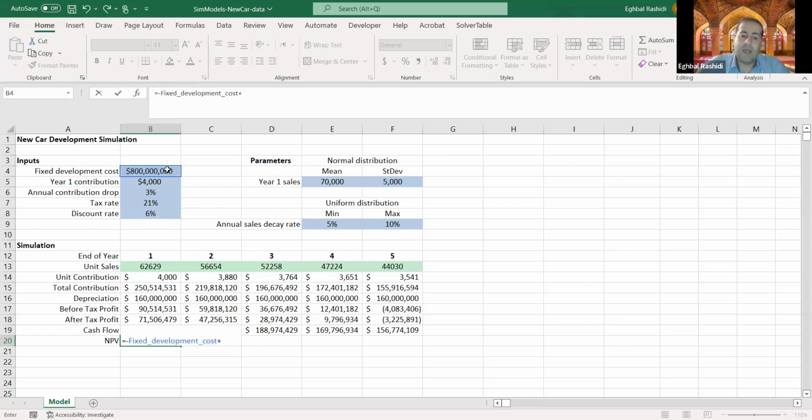And then I'm going to add the net present value by computing the NPV formula. The first parameter here is the rate. So the rate is the discount rate. And next we're going to just put the values here, the cash flow values, which is B19 to F19.